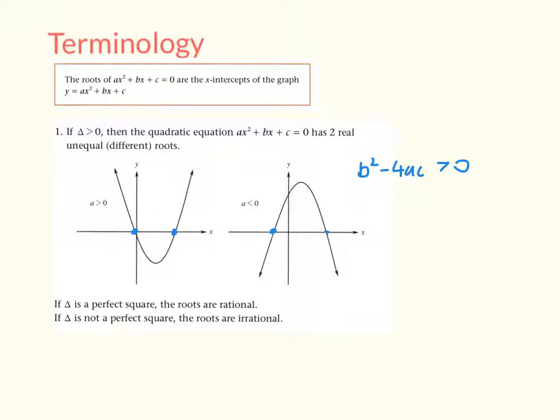If the discriminant is a perfect square, the roots are rational. Now what does that mean? If the discriminant equals a perfect square, it would be 4, 9, 16, etc. Imagine what happens when we take the square root of the discriminant. We'd have the square root of 4, which would be 2, the square root of 9, which would be 3, the square root of 16, which would be 4.